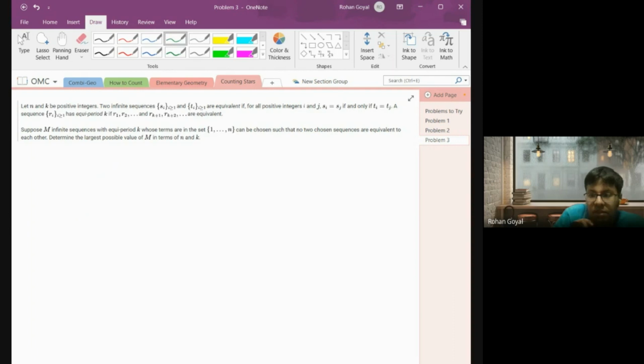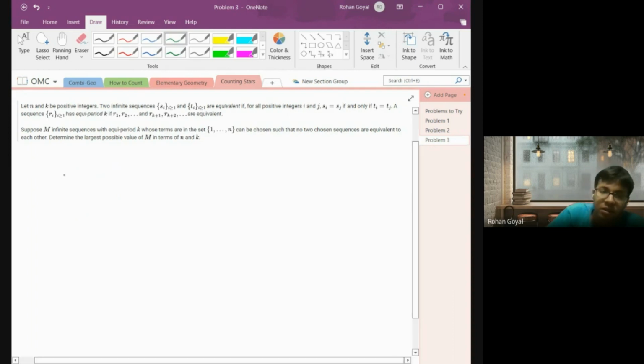So let us just write all sequences down which have equiperiod K. Let us forget about not equivalent to one another for now. So let's say the sequences S1, S2, ..., SM are there.